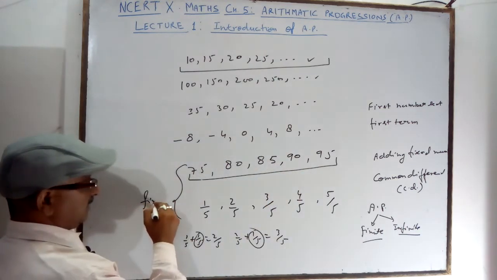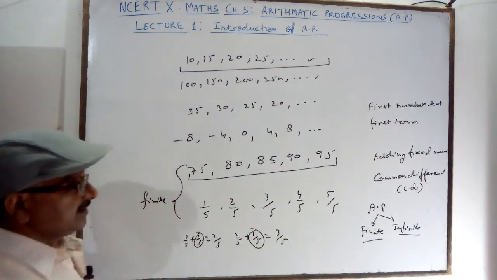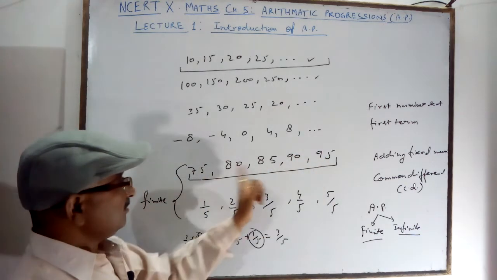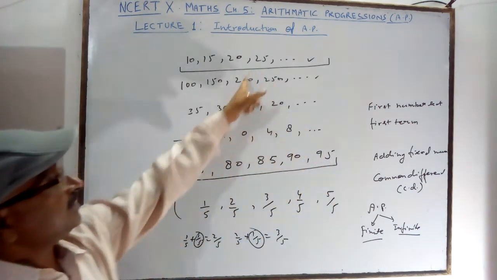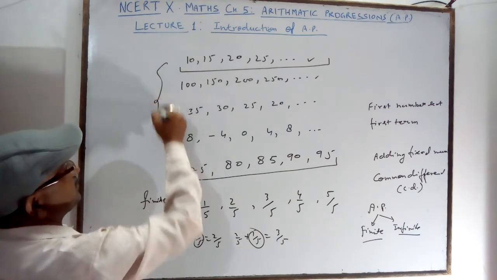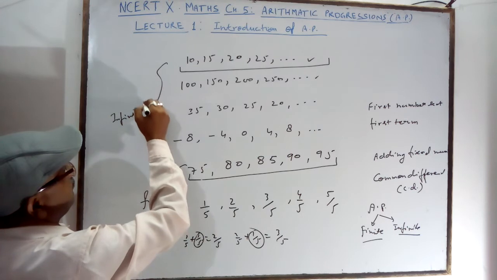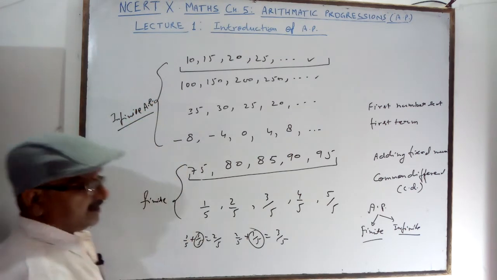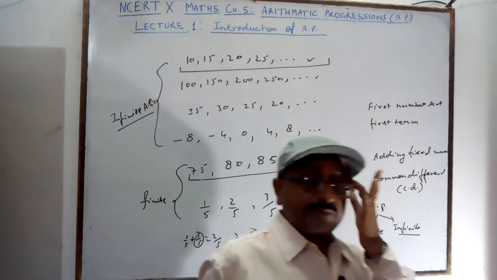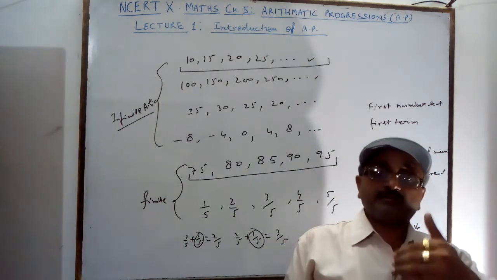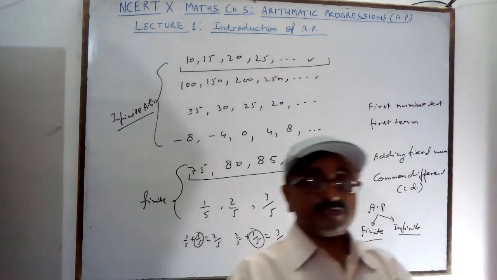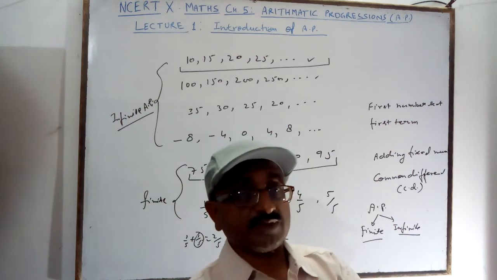There is a limit, and the first and last terms are given. The other is called infinite AP. An AP is a set of numbers with an equal common difference between two consecutive numbers.